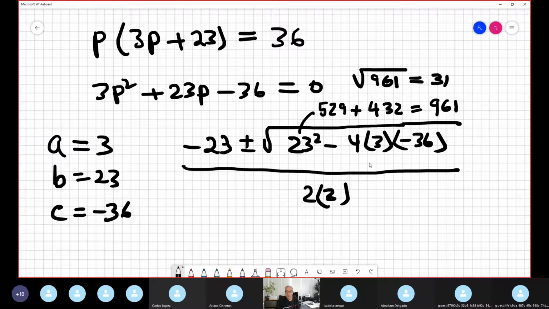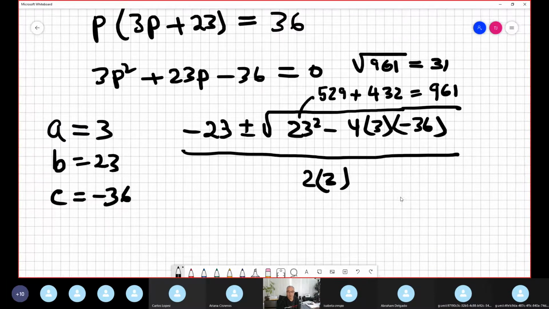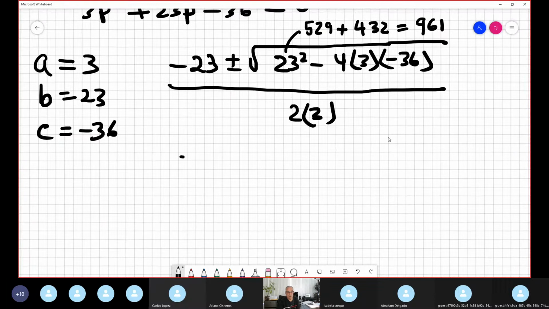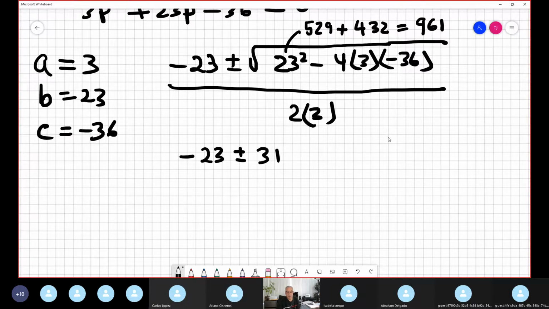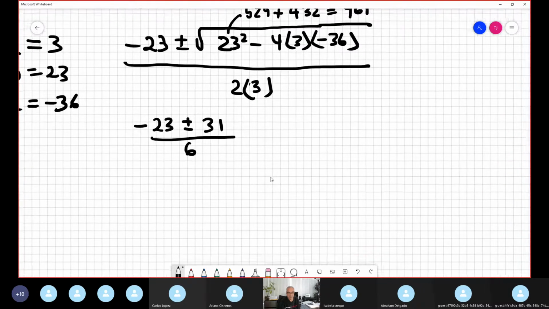Okay, good. Now we have so far negative 23 plus and minus 31 divided by 6. No, this is 3. A is 3. You separate in two pieces, the piece positive and the piece negative.